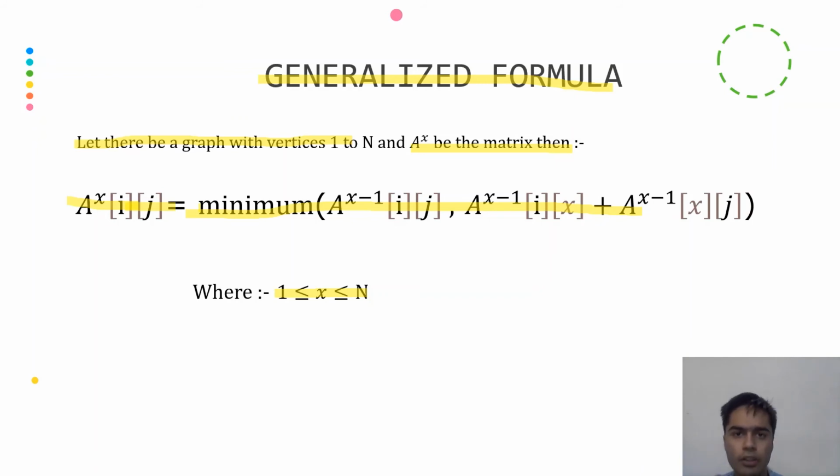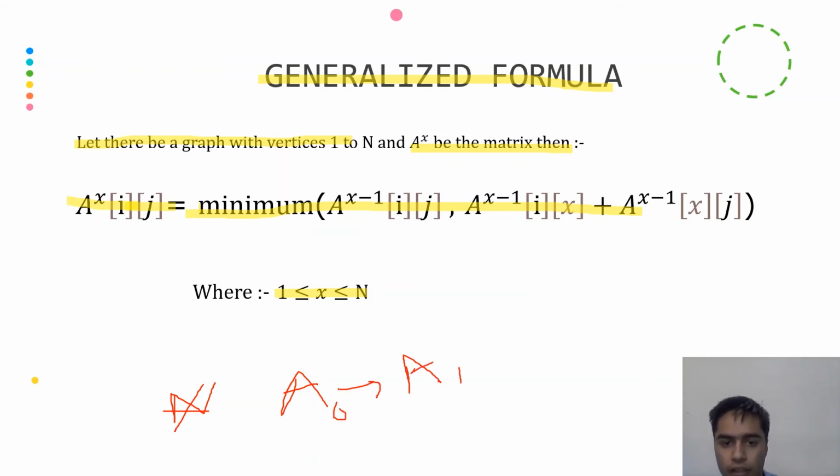Now during the implementation of this algorithm we are not going to create n different matrices, but instead we are going to modify our initial matrix A0 to A1, and this A1 to then A2, and then so on.